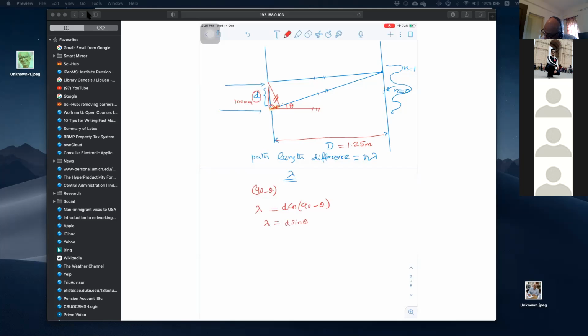Now what I want to do is think of this distance. This distance is how much? 1.25 meters. And this angle is 90 degrees. So if I wanted to calculate this distance, that is where you have the first peak.